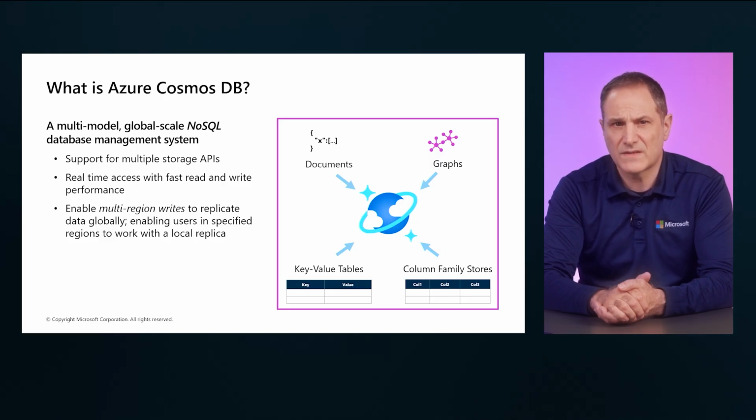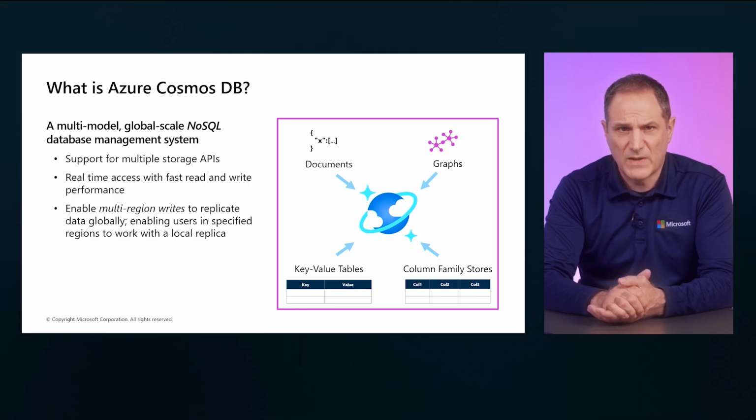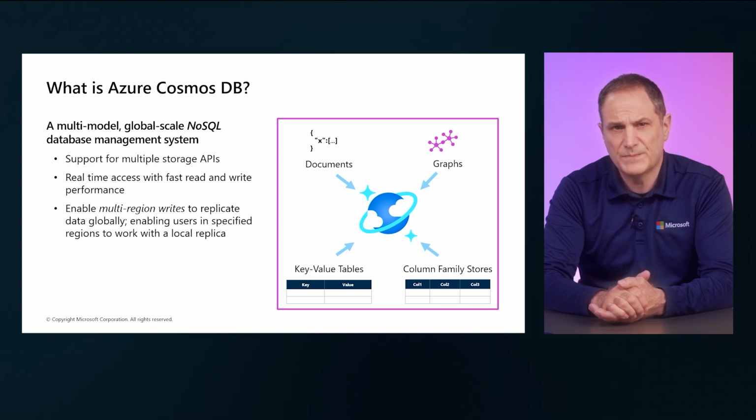Cosmos DB abstracts the complexity that typically comes with managing globally distributed databases. Instead of handling sharding, indexing, or synchronization manually, the platform manages those aspects automatically. Indexes are created and maintained for you without extra tuning. Partitioning is built in, allowing the service to scale efficiently as datasets grow.